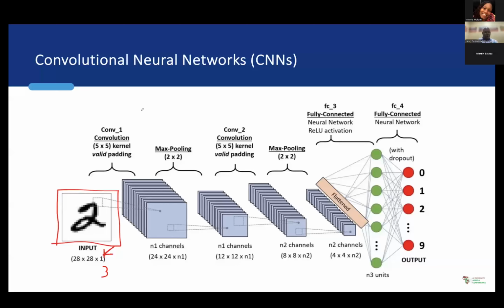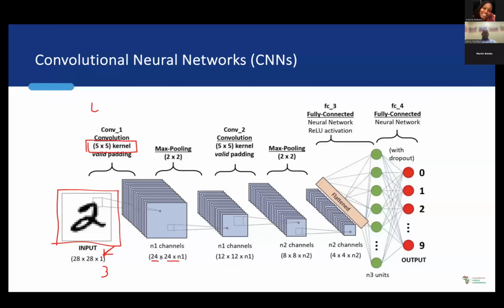So we are taking it as an input image, and we are going to perform the convolutional operation. We are using a filter of 5 by 5. What is going to be the output? Remember our formula that we had. You get the input size, which is 28. 28 minus 5, it will be 23, plus 1. So the feature map after performing the convolutional operation will be of size 24 by 24.